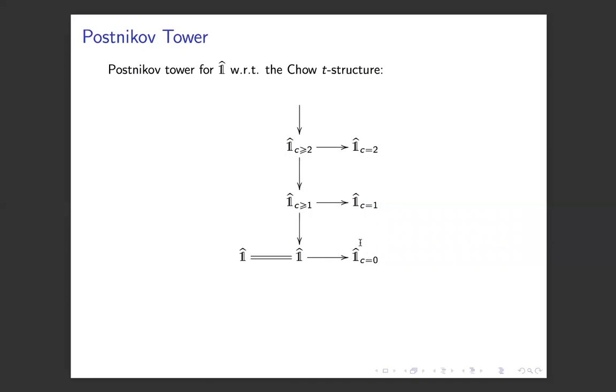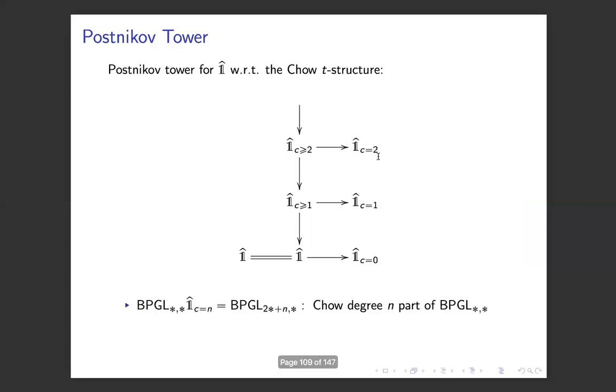This truncation is compatible with its MGL homology, by the way. And since its MGL homology is constantly, well, I guess there are several ways to see this, the thing itself is already constantly bigger or equal to 0. And each piece here will be in the heart up to a shift.